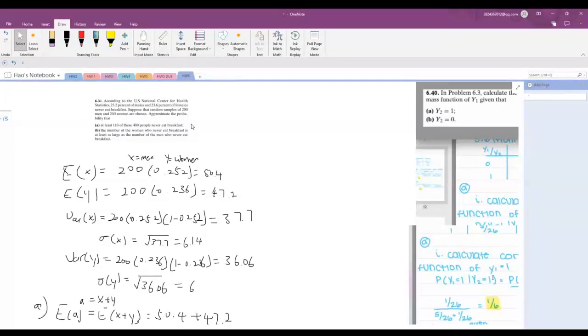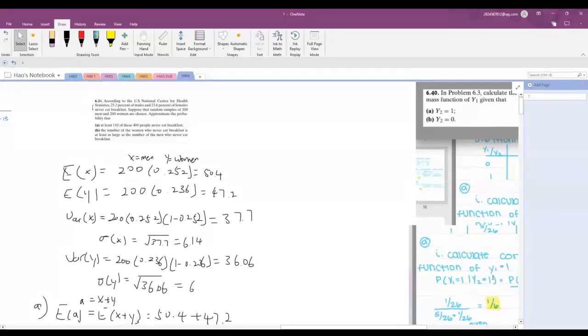A, approximate the probability that at least 110 of these 400 people never eat breakfast. B, the number of women who never eat breakfast is at least as large as the number of men who never eat breakfast.